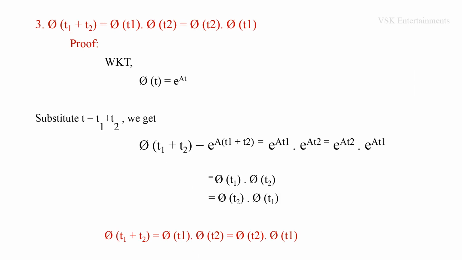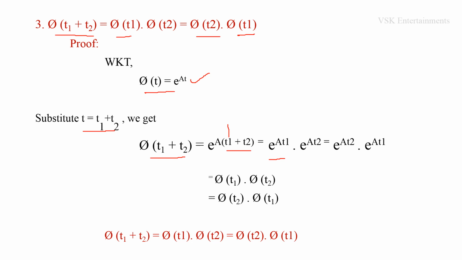The third property is also very simple, that is phi of t1 plus t2 is equal to phi of t1 into phi of t2, that is equal to phi of t2 into phi of t1. In this also, first consider the expression for the state transition matrix, that is phi of t is equal to e power At. In place of t just substitute t1 plus t2, that is phi of t1 plus t2 is equal to e power A into (t1 plus t2). Just split this power, that is e power A t1 into e power A t2.